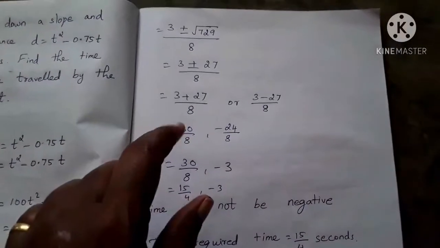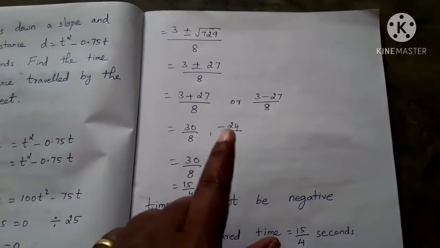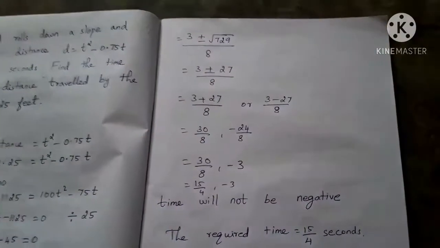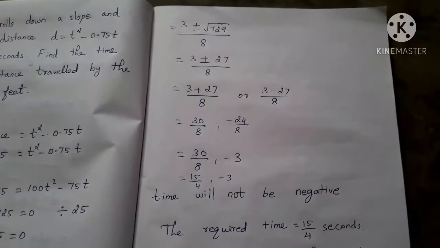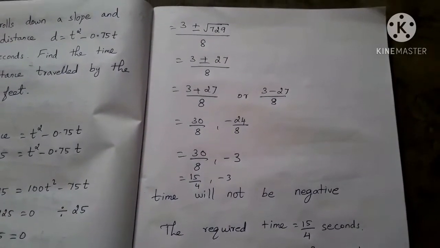So 3 plus or minus root of 9 plus 720, 729, divided by 8. So 3 plus or minus the square root of 729, which is 27.